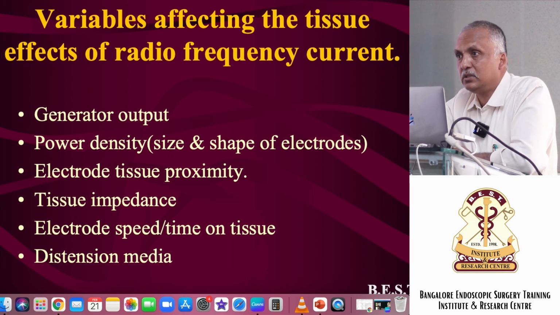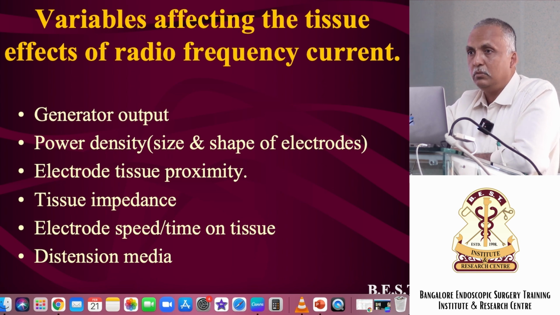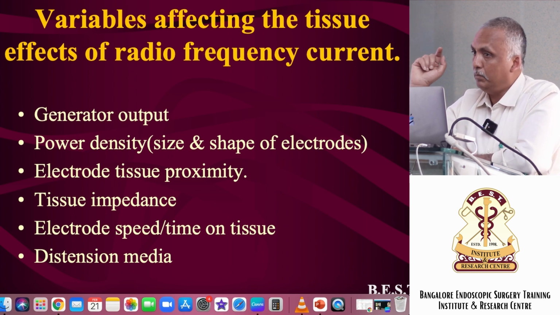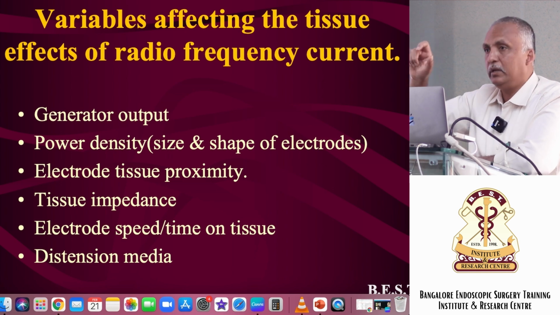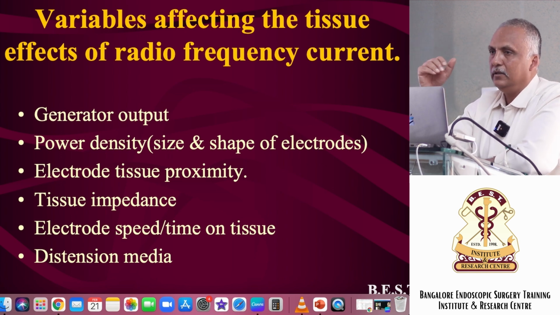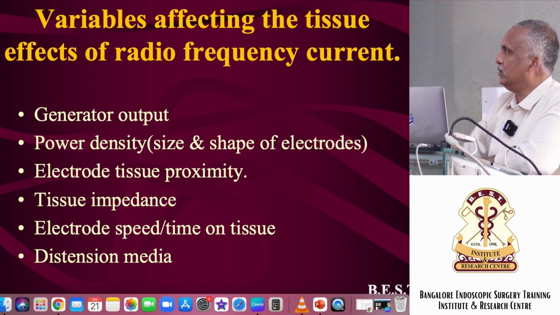Sometimes you may get so scared, what did I do? I used so much energy in the previous case, I might have burnt so many things inside. But your effect was retarded because carbon dioxide was inside the abdomen, and that is why you needed more energy. Now in open surgery you need less energy. So when you do open surgery you have to reduce the power settings and then start your surgery.